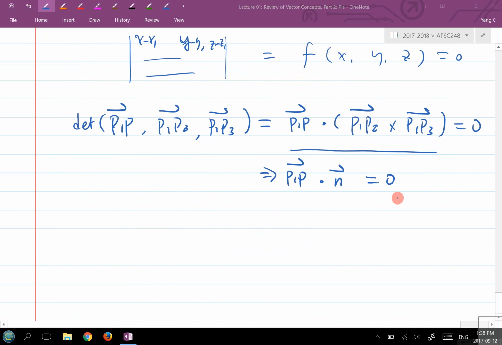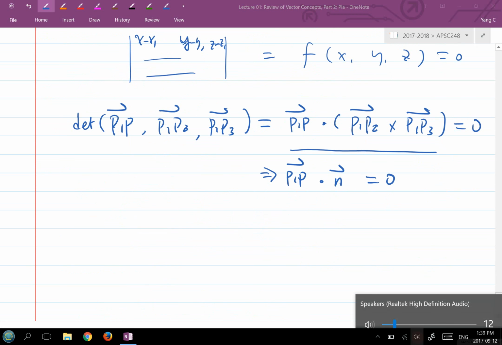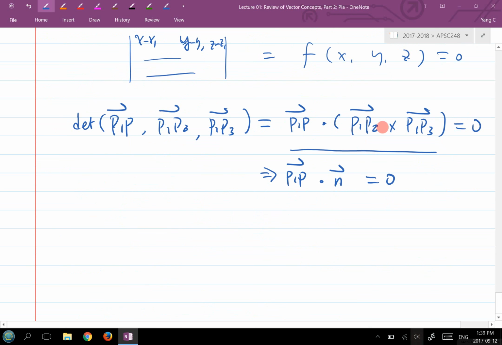For any two vectors that are orthogonal to each other, the dot product must be 0. So here I have P1P dot n, where n is this vector here, equal to 0. Now if you think about it, if I choose a different n other than this, what does that mean? Am I still going to get 0?